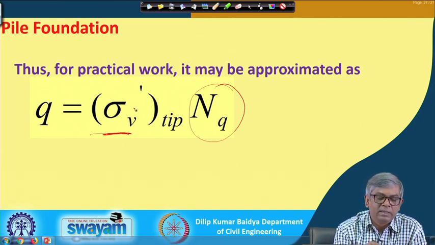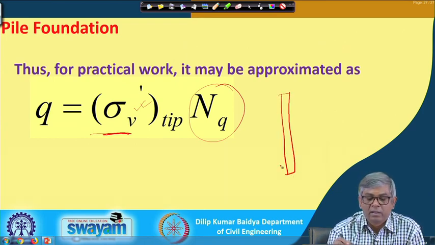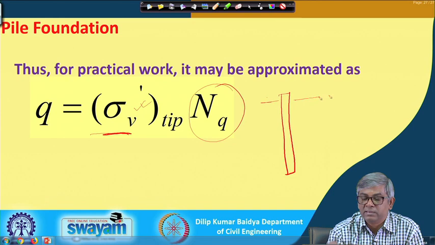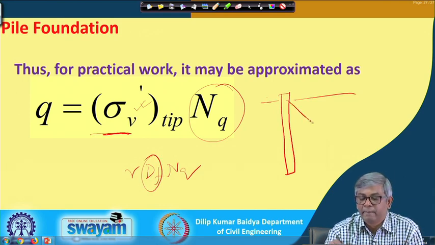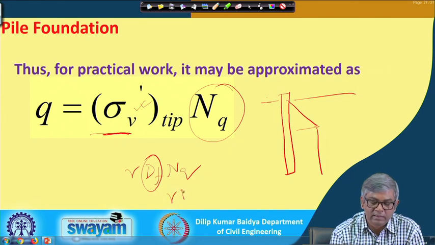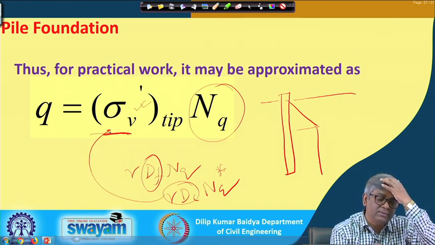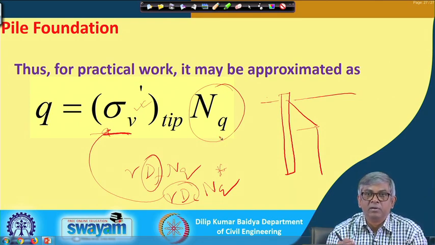For the time being, sigma v tip means if there is a pile something like that, then as your equation says gamma Df Nq, but instead of Df we take gamma dc Nq, since it is restricted, and then instead of Nq we can say Nq star, to be estimated separately for deep foundation.